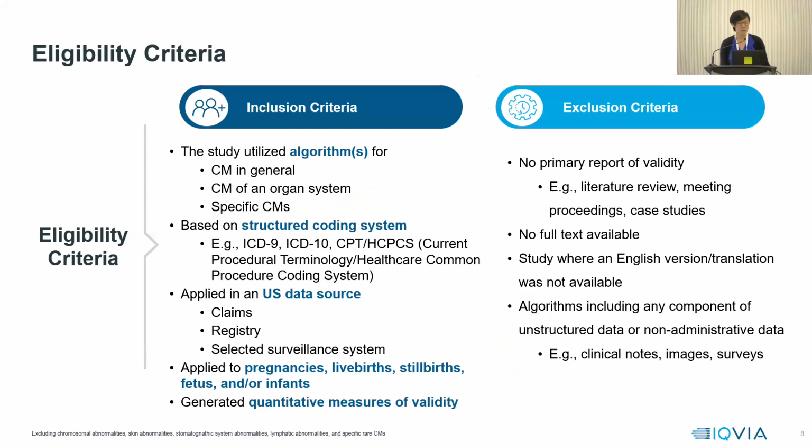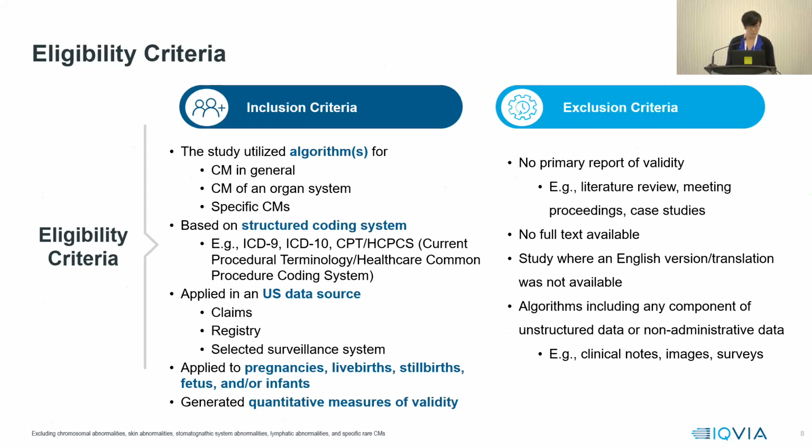The inclusion criteria for the studies include the study has to utilize algorithms for CM in general, for organ system or specific CMs. It has to be based on a structured coding system, and it has to be applied in US administrative data sources, as we talked about before.